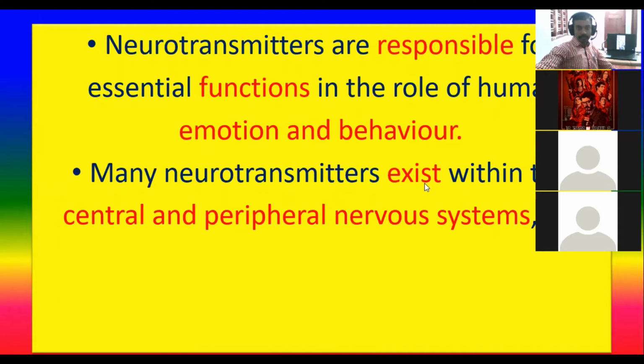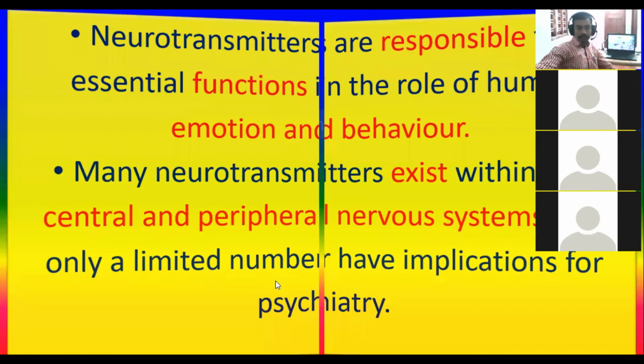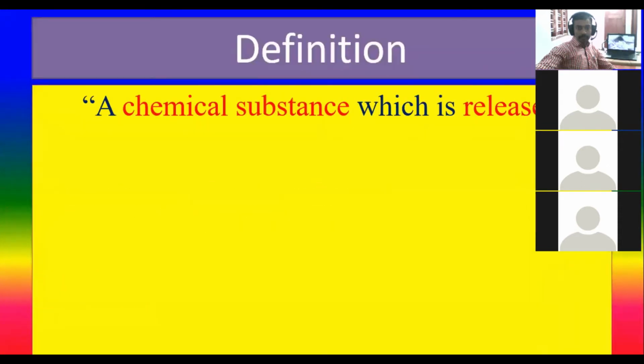So neurotransmitters exist in the central and peripheral nervous systems. Define neurotransmitters.